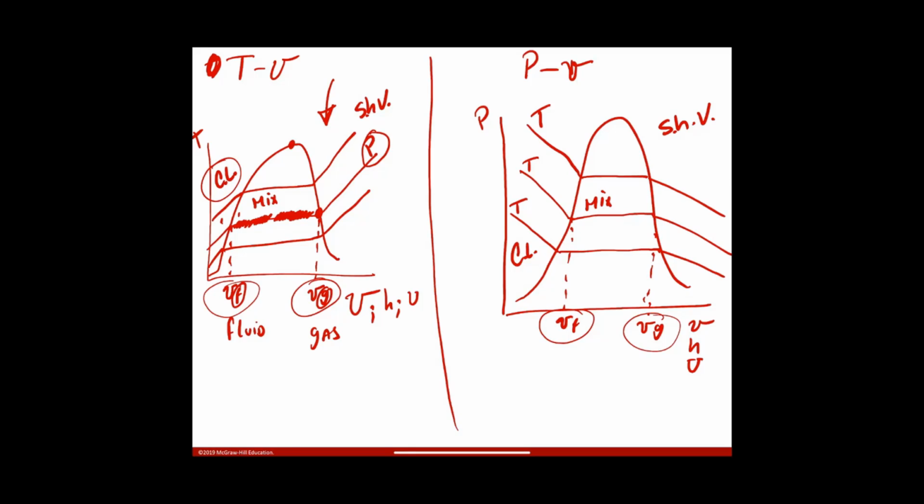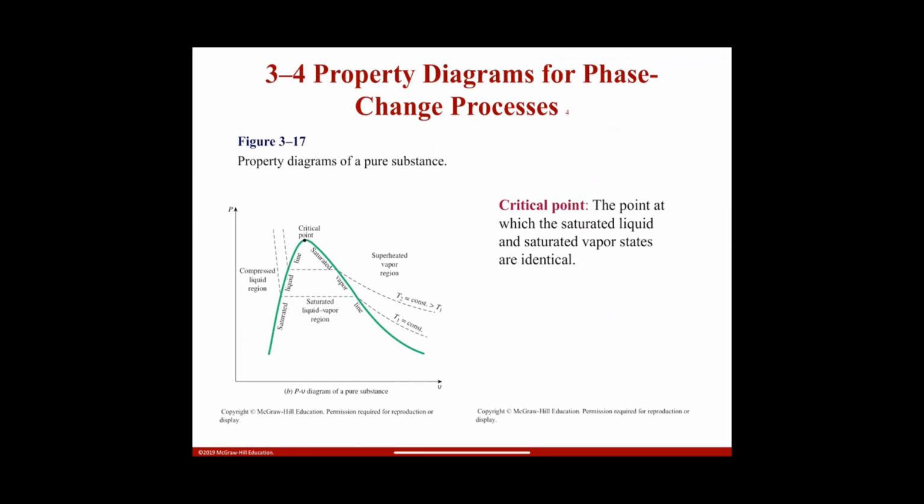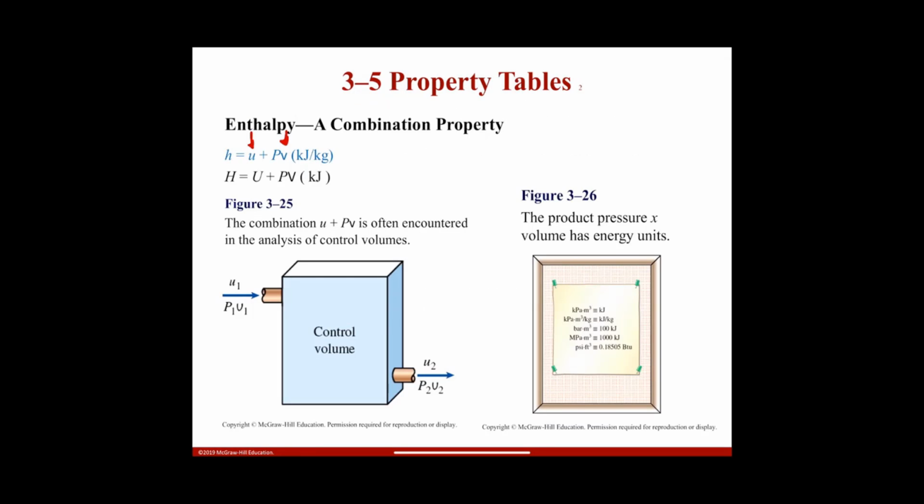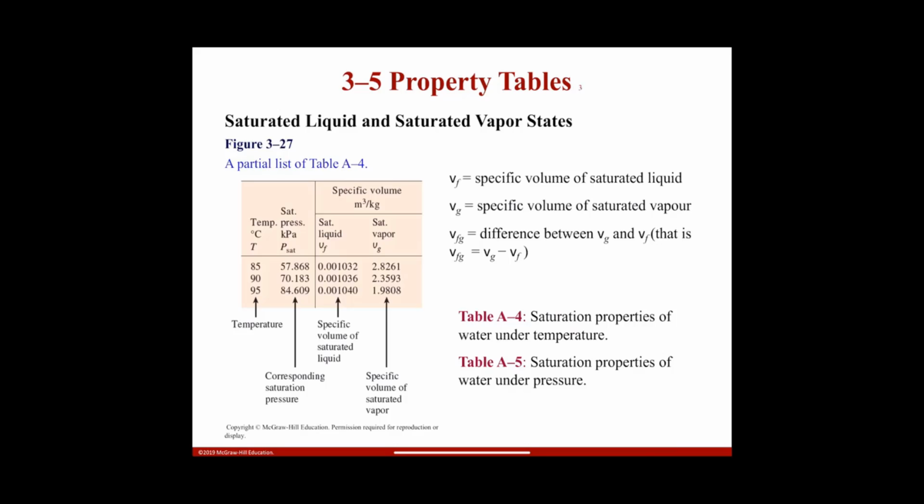Because everything is liquid, and we have a property table where at a given temperature you will have enthalpy, internal energy, entropy, etc. And then the same thing will happen with superheated vapor. But when you're in a mixture, you don't know exactly how much water or how much vapor you have. That's why the mixture is one of the most complex ones, because you need to calculate some things in order to define that state.